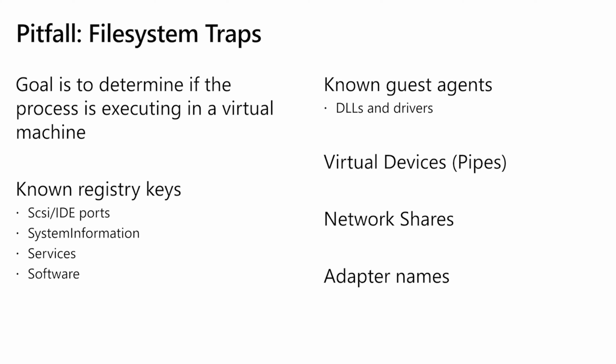It'll look for DLLs of drivers, kind of like the mouse driver, or maybe the VMware mouse driver, or any custom drivers that it's aware of. Any virtual devices like pipes, network shares. Say you're moving data in and out of the VM to check and analyze the malware, right? You have some network share, or even adapter names. They're pretty standard for a lot of virtual machines.